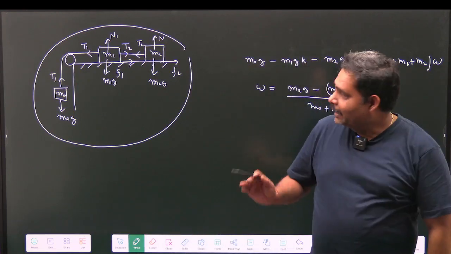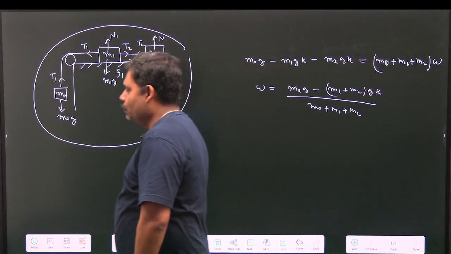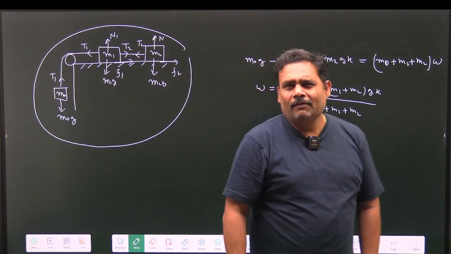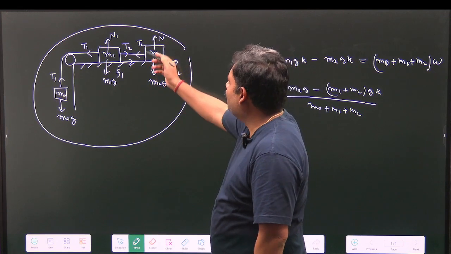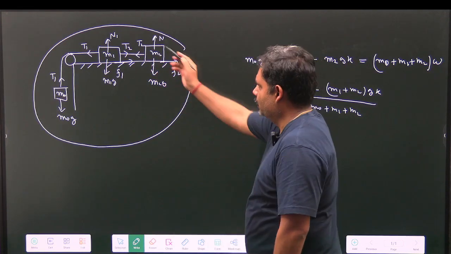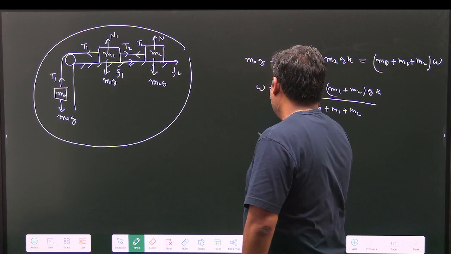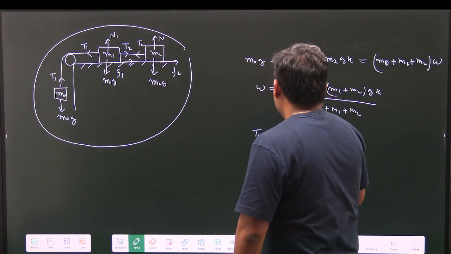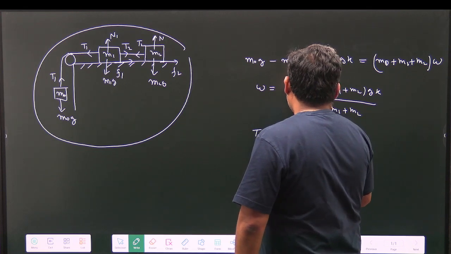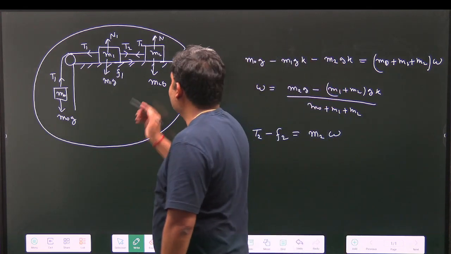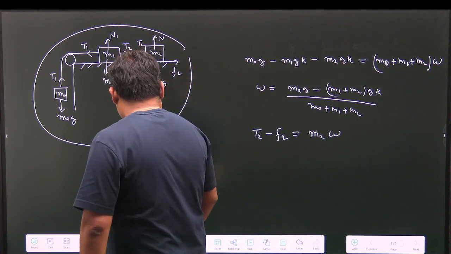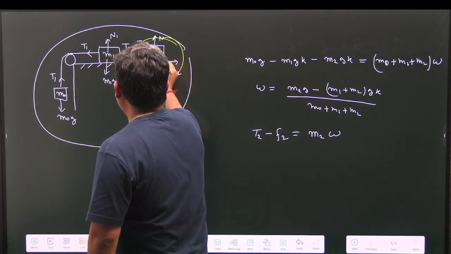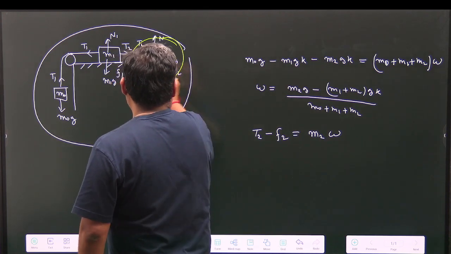Now the second thing is very interesting. We have to find the value of T2. So to find the value of T2, we can just write the equation of motion for this particular mass m2. So what will happen? T2 minus the frictional force F2 is equal to m2 into w. So this will be the equation of motion for this particular block. You can just see for this particular block, the only horizontal force is T2 and in this direction we have the frictional force.